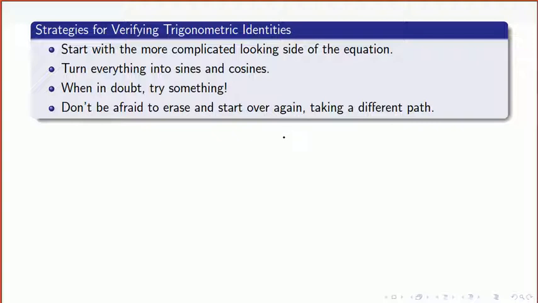With this section, some students really like verifying trigonometric identities. When I took pre-calculus, this was my favorite part of the course. But a lot of other students get frustrated because, unlike solving an equation, where there's always a step-by-step algorithmic process you can follow to get the right answer, verifying trigonometric identities is not like that.